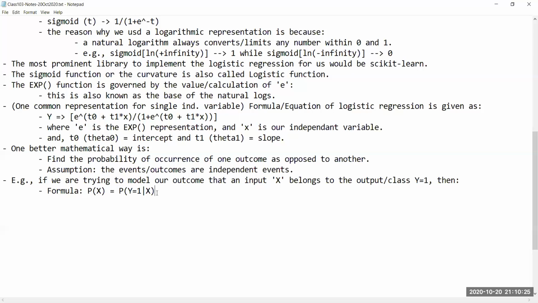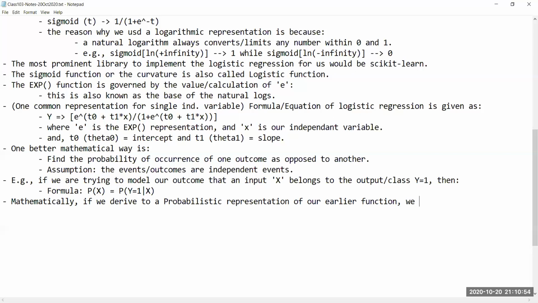right? So if I do a derivation using this concept, using the natural logarithm concept of this part which I have over here, then I can clearly represent mathematically, if we derive to a probabilistic representation of our earlier function, we will get an outcome which is this: theta 0 plus theta 1 multiplied by x, right?